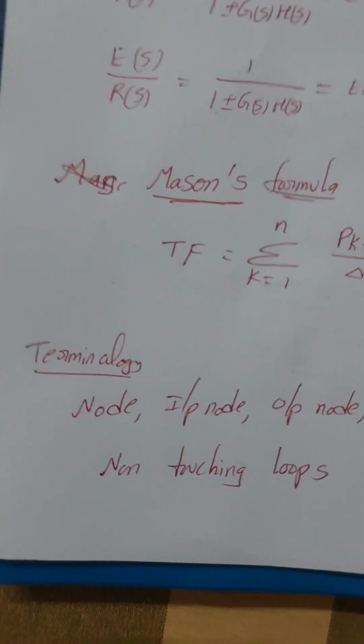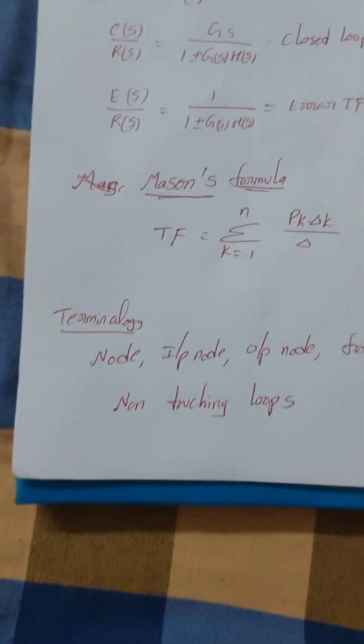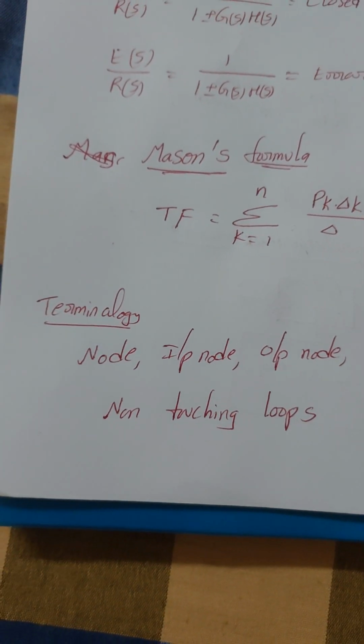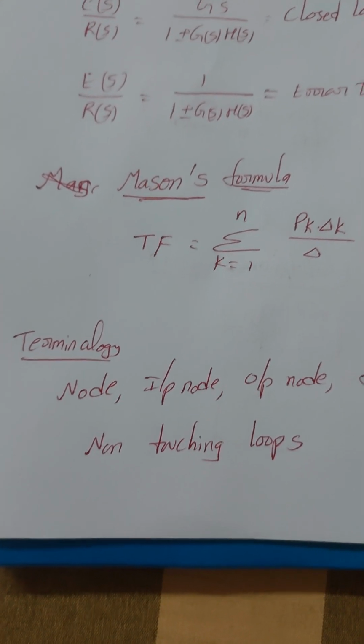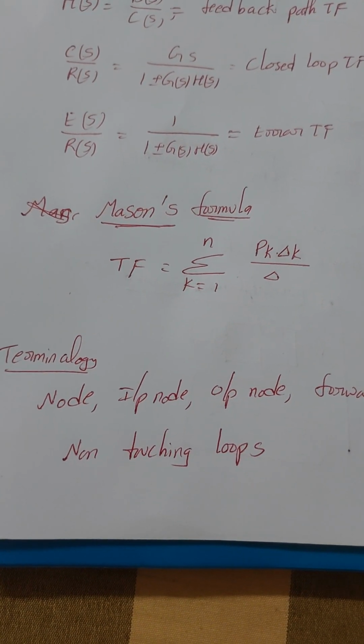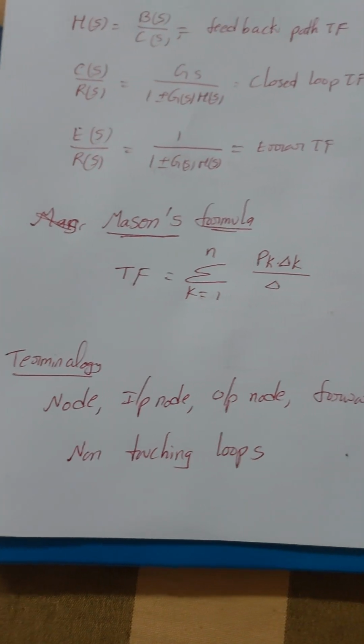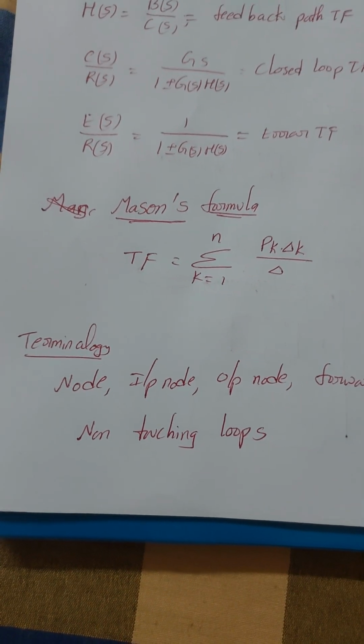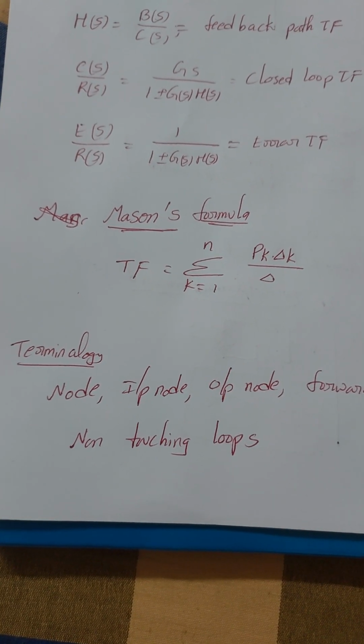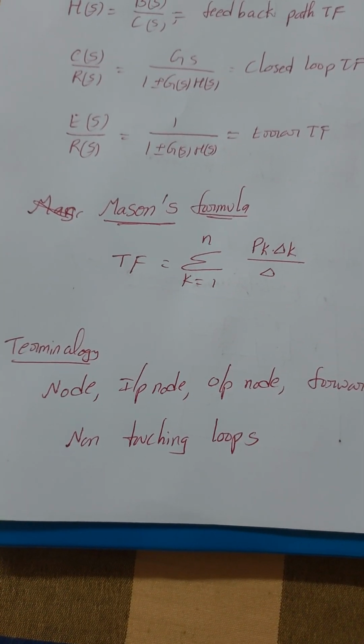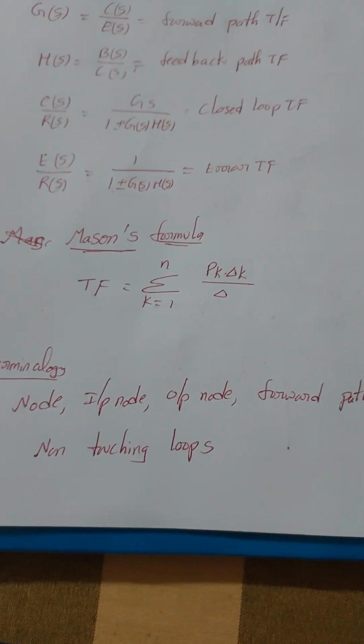There are terminologies which we have to note. First one is node, it represents a variable; number of nodes equals number of variables. Second one is input node, the node that has only outgoing branches. What is an output node?